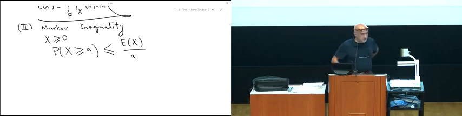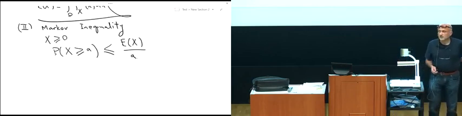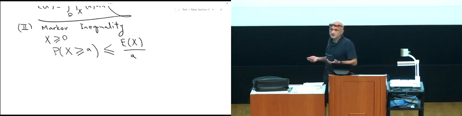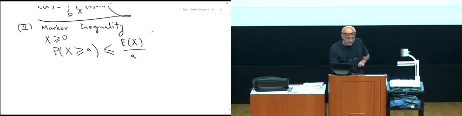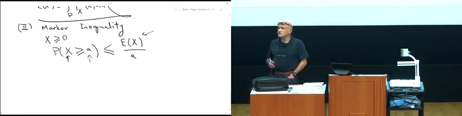So loosely speaking, if the mean of the random variable is small, the probability that x is very large, in other words, if I put a large value a here, that probability is what?